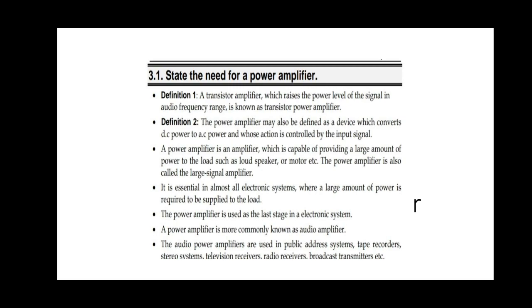D is the distortion in the amplifier without feedback, DF is the distortion in the amplifier with negative feedback. So with negative feedback, DF equals D by 1 plus A beta. This is the derivation for distortion. So the open loop distortion is divided by 1 plus A beta.